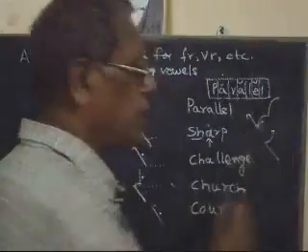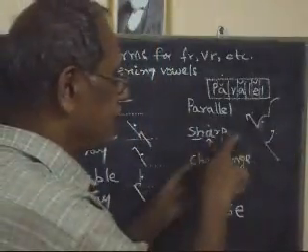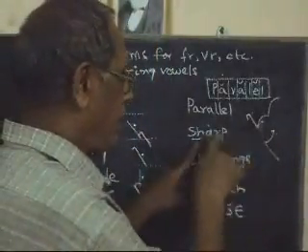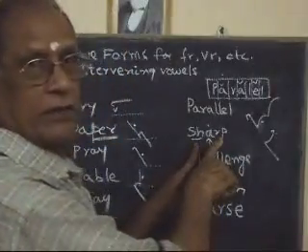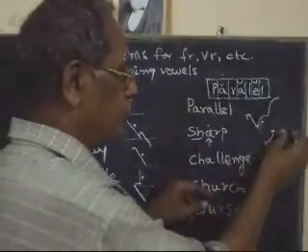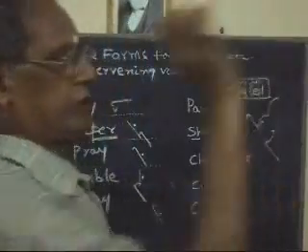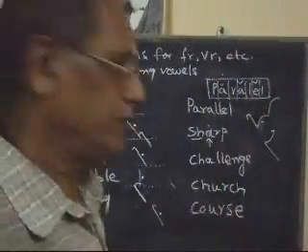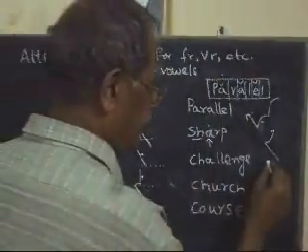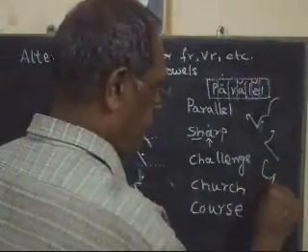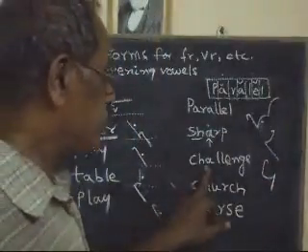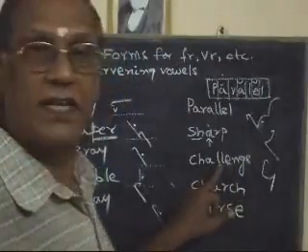If we put here snap, it is not occurring. It is not snap. So we cannot put it. Just understand, I will tell the rule. Then challenge. It's ill.